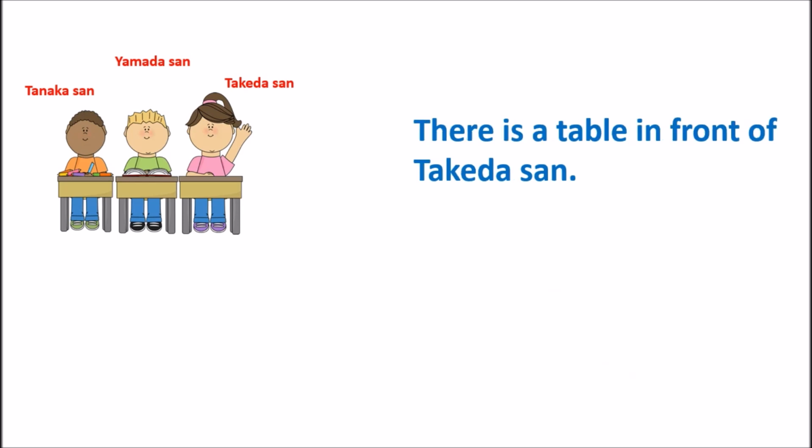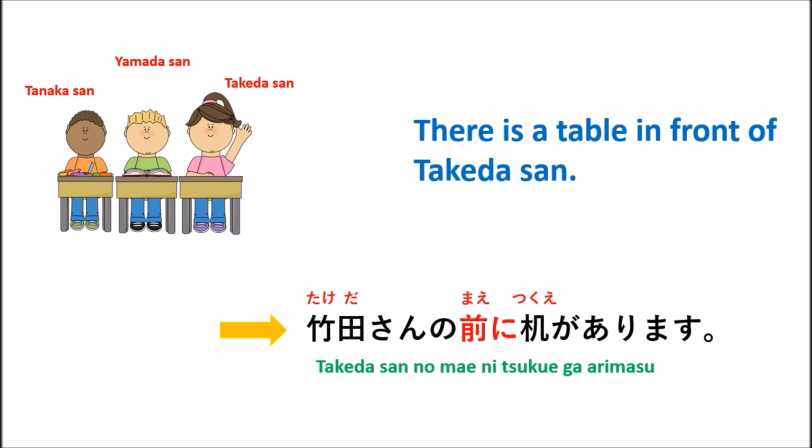And here we want to say there is a table in front of Takeda-san. In this picture, we see that in front of Takeda-san, there is a table, right? In Japanese, you can say Takeda-san no mae ni tsukue ga arimasu. Takeda-san no mae means in front of Takeda-san.